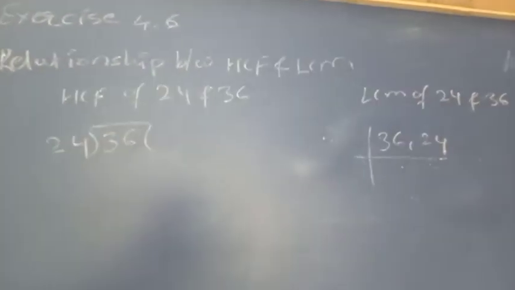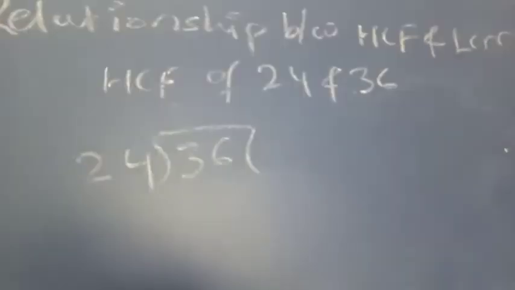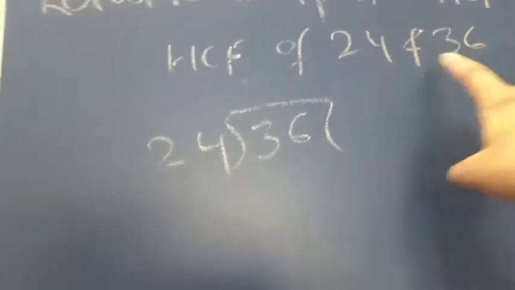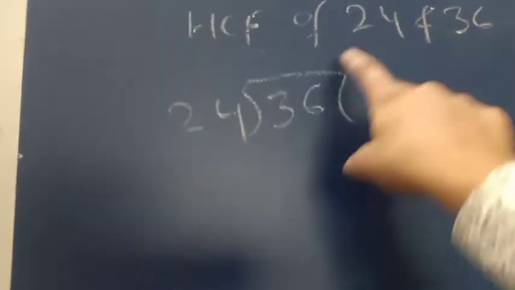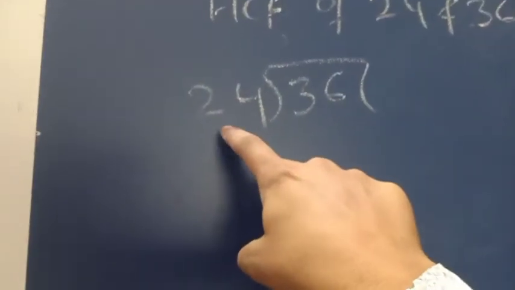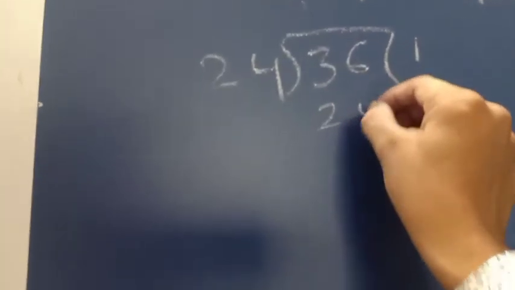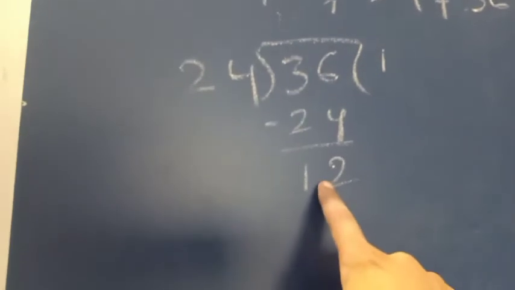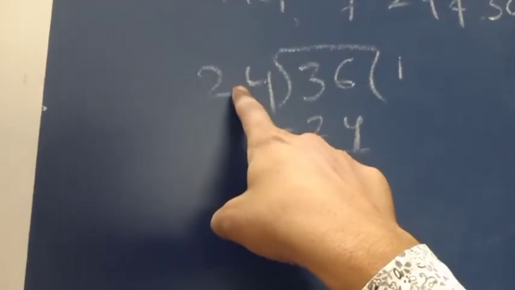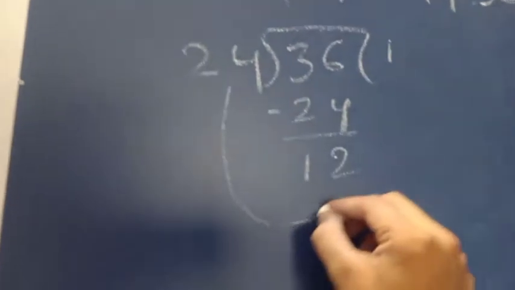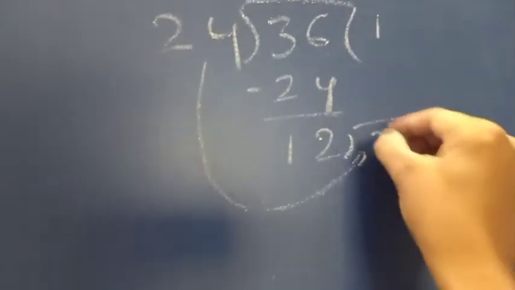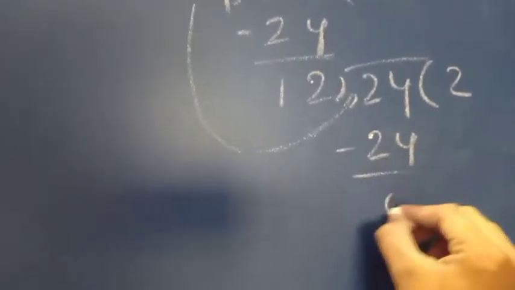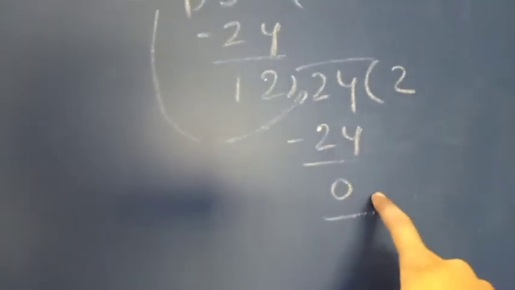Relation between the SCF and LCM. Now how to find the SCF by division method. सबसे पहले बड़े नंबर को हम अंदर लिखेंगे और उसे छोटे नंबर से हम उसको डिवाइड करेंगे. 24 1 जा 24. व्हाट विल वी गेट? 12. नाउ 12 इज ए स्मॉलर नंबर देन द डिविजर. डिविजर इज 24. नाउ वी हैव टू पुट द 24 हेयर. 12 2 जा 24. नाउ व्हाट विल वी गेट? वी गेट 0.